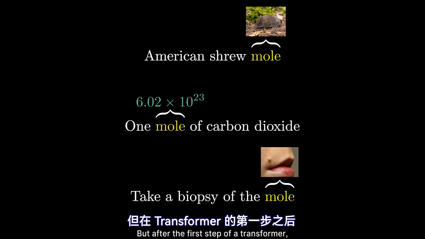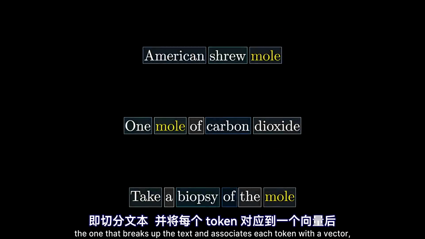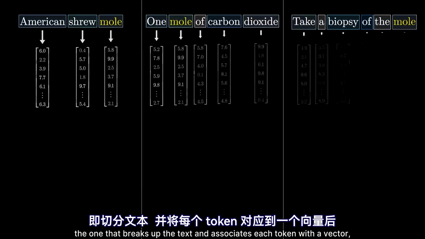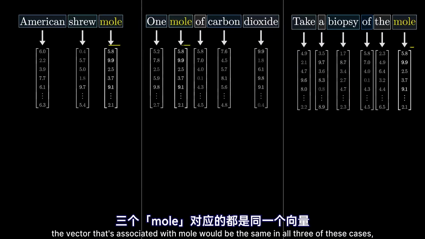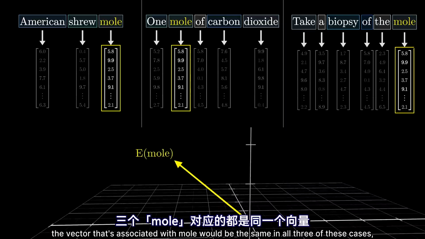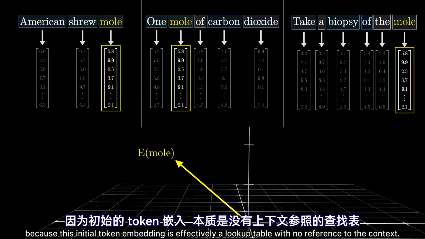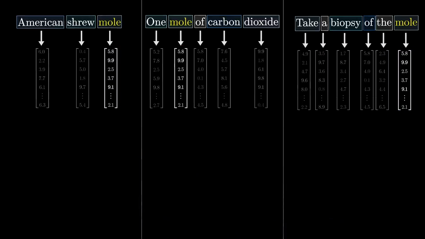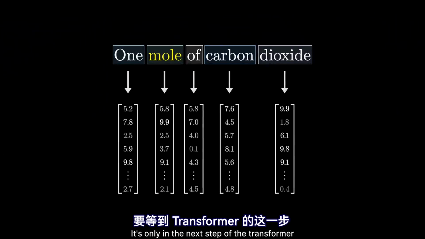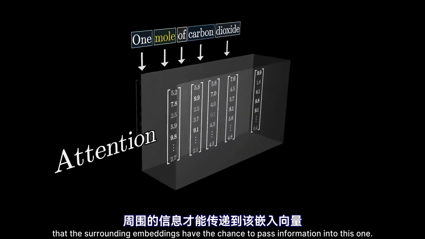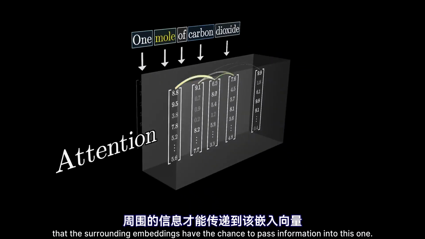But after the first step of a transformer, the one that breaks up the text and associates each token with a vector, the vector that's associated with mole would be the same in all three of these cases, because this initial token embedding is effectively a lookup table with no reference to the context. It's only in the next step of the transformer that the surrounding embeddings have the chance to pass information into this one.